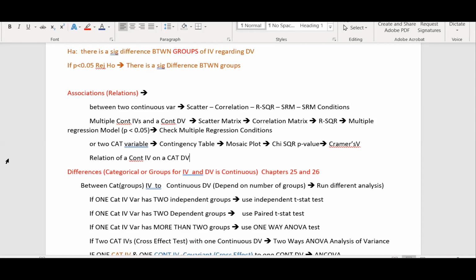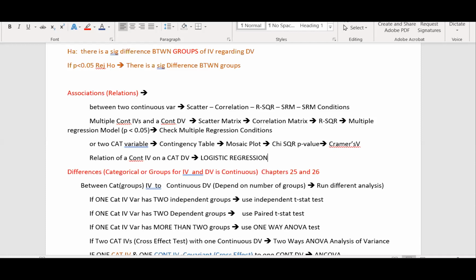So this time it's a categorical DV, right? We'll see if such a relation exists. What test do we use? Logistic regression. Okay. Question?